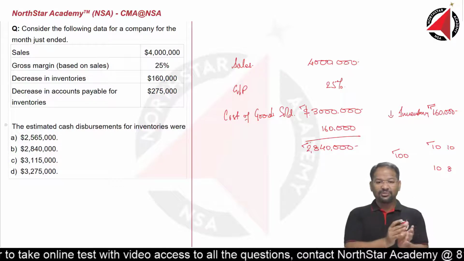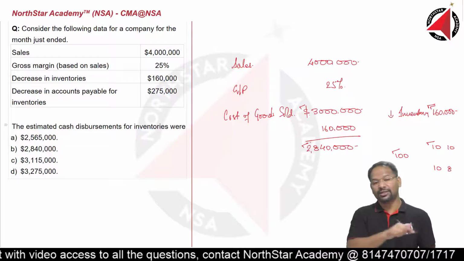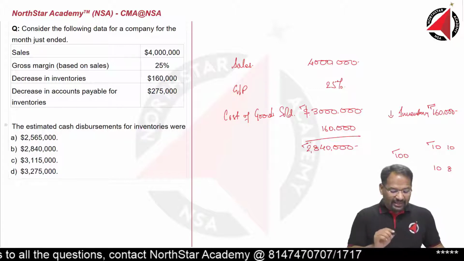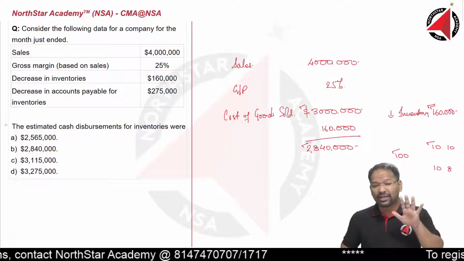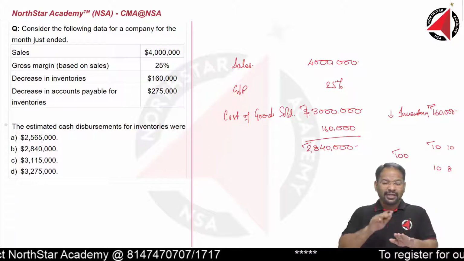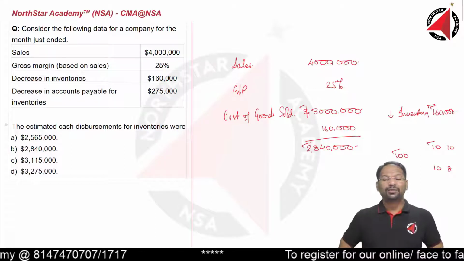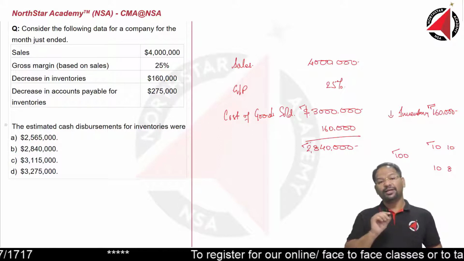If it was 10,000 and now it is 6,000, it means we have paid 4,000 during the period. If you understood this, let's understand it again. The decrease in accounts payable for inventory is 275,000, which means the accounts payable has fallen by 275,000. How can it reduce? We must have paid this money during the period.